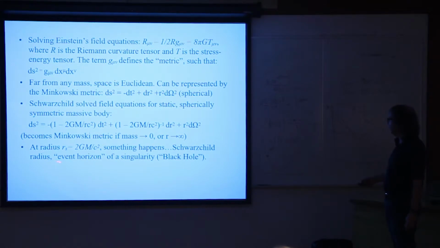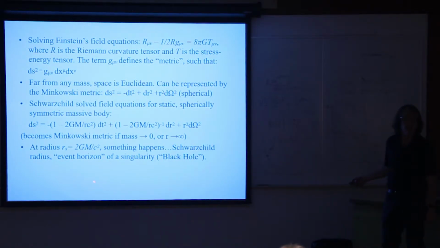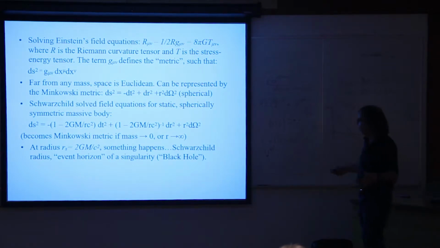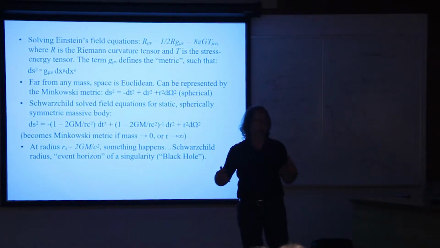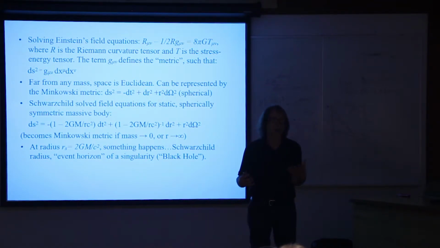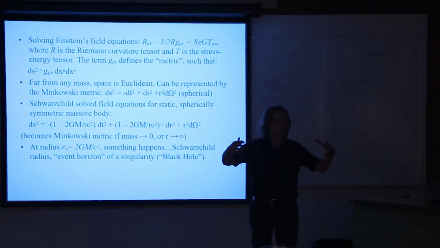Now you can define a few other things. At some radius equal to 2GM over c squared, what you get is an event horizon. This is the Schwarzschild radius. This is actually a physically measurable thing in space, potentially. The black hole itself is a singularity. It has no dimensions. But if you have a static black hole, one dimension you have is the event horizon.